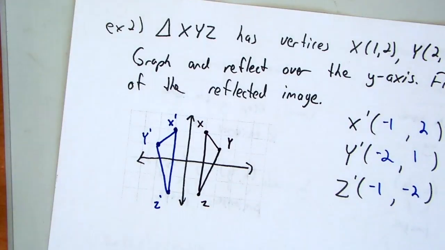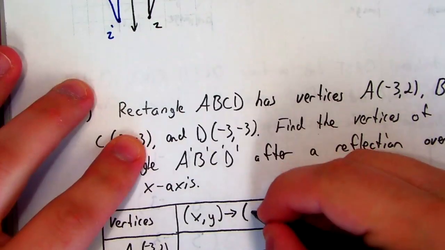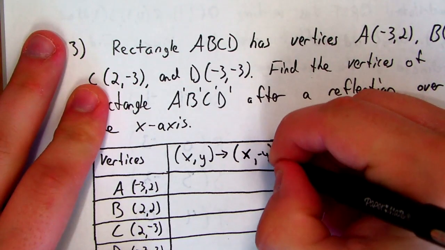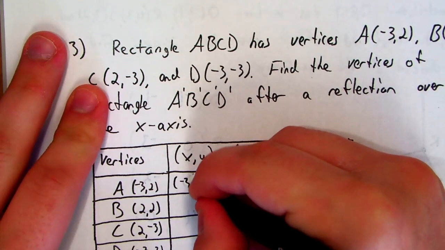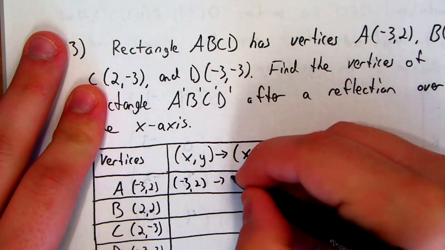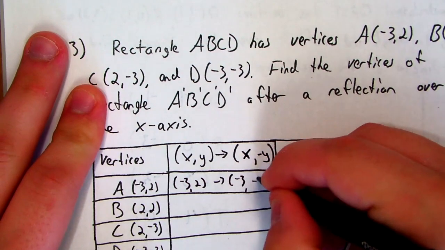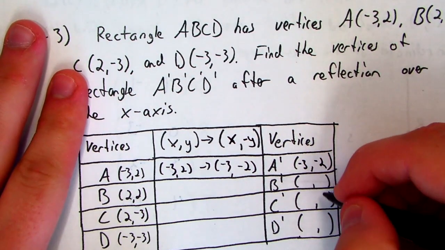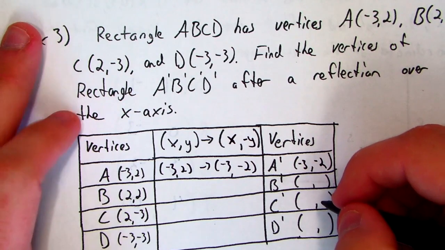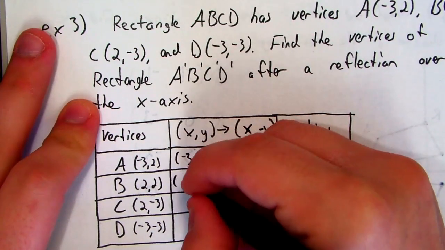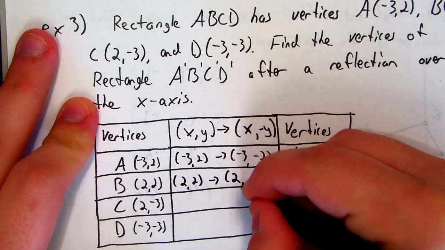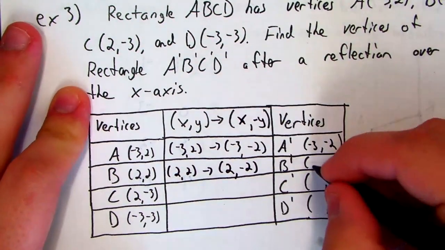So as we do this, x stays the same, y becomes its opposite. So we have negative 3, 2. This will become negative 3, negative 2. So my new ordered pair is negative 3, negative 2. B was 2 and 2. So that'll become 2, negative 2.